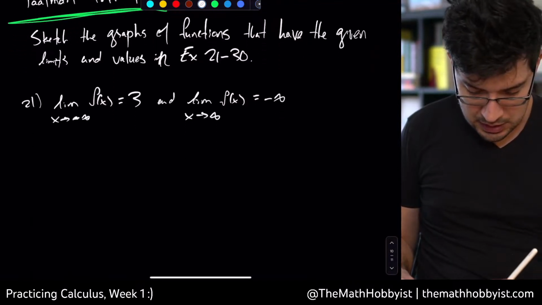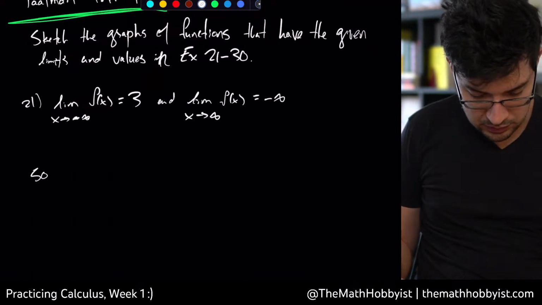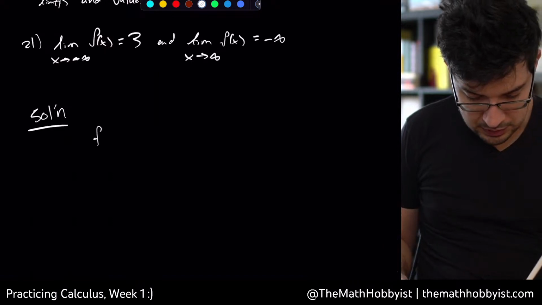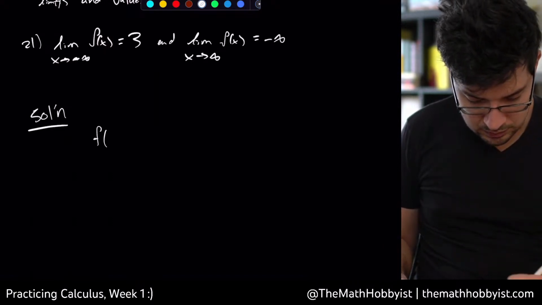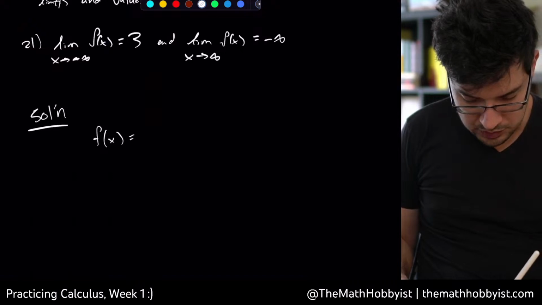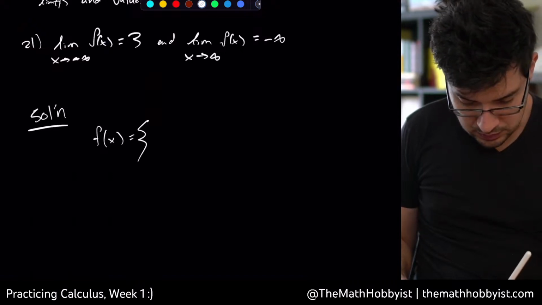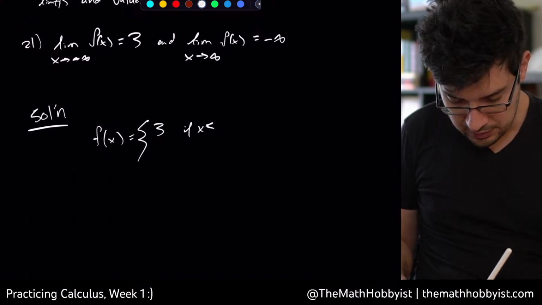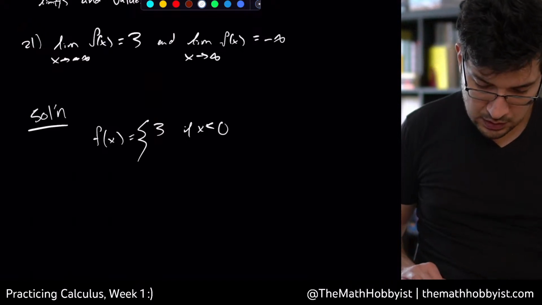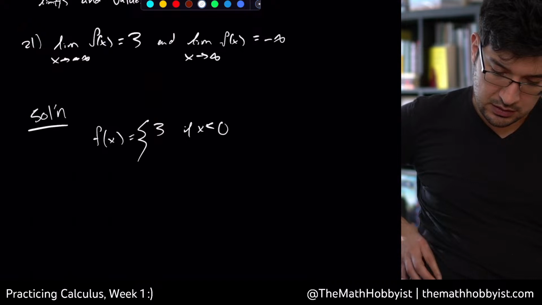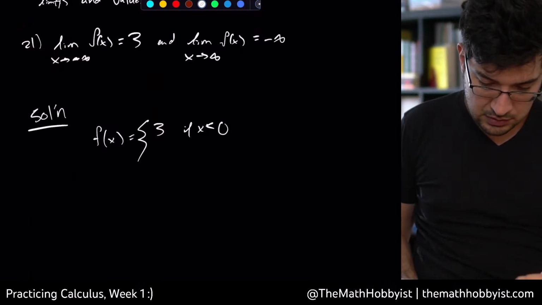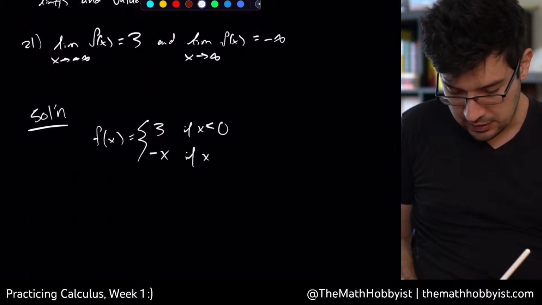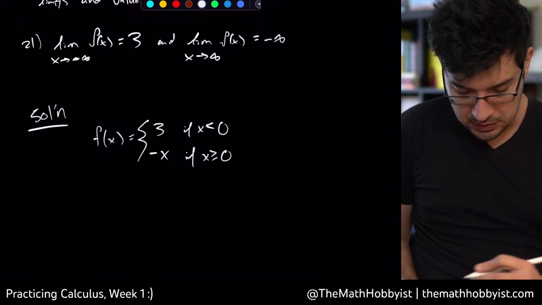I'm going to say that one solution could be the number 3 if x is less than 0. And we want something that goes to negative infinity as x increases. Maybe it's negative x if x is greater than or equal to 0.